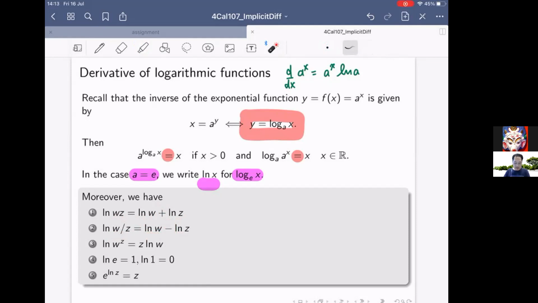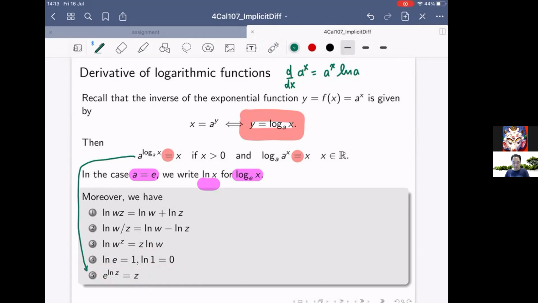If you have a log of w raised to a power, that power can kick out front, and then you end up with log of w here. And log of e is simply 1, log of 1 is simply 0. And if you have e raised to power log of z, it is the same as z.